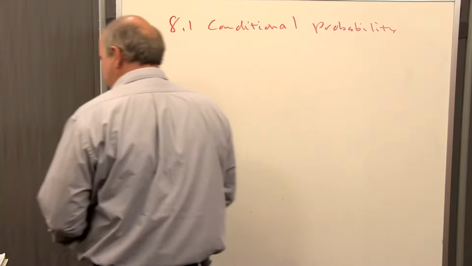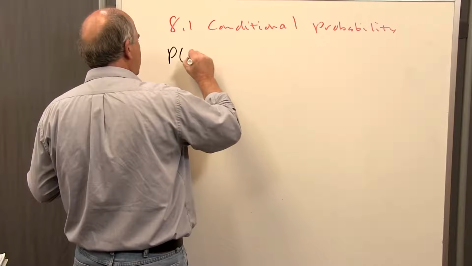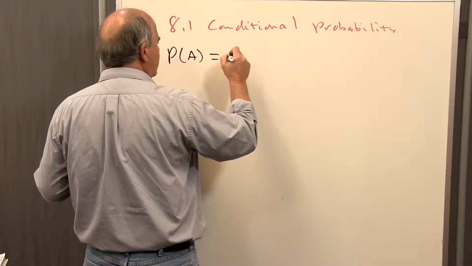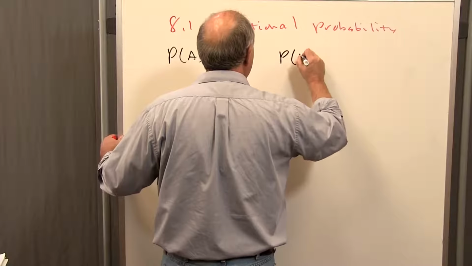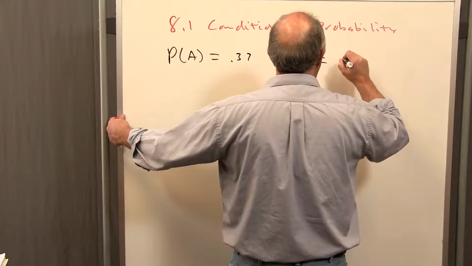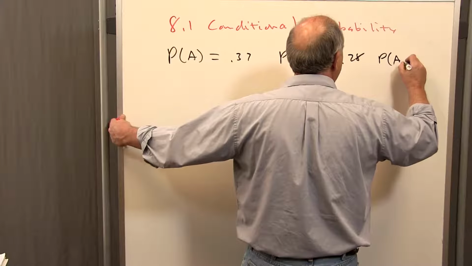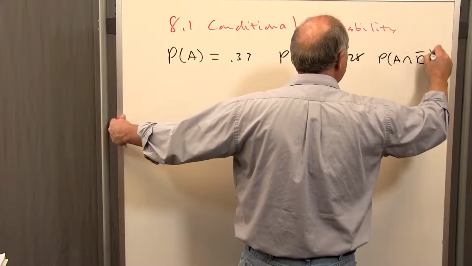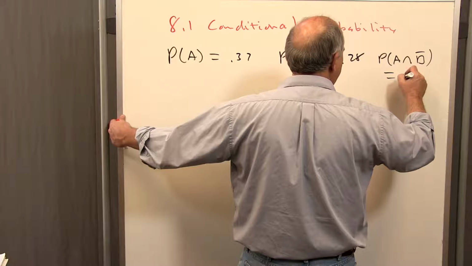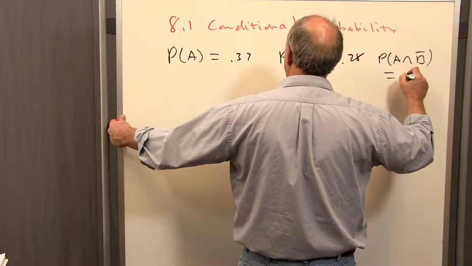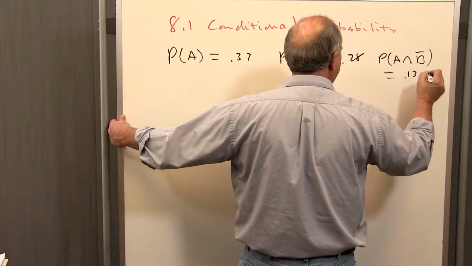Suppose I told you that the probability of A equals 0.37, and the probability of B equals 0.28, and the probability of A intersect B bar, stuff that's in A but not B, is let's say 0.13.